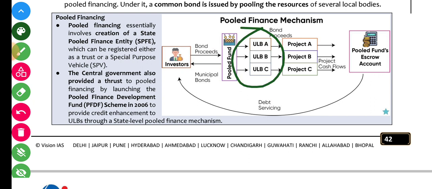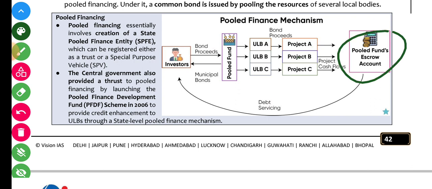Then urban local body A, urban local body B and C receive the bond proceeds for project A, project B and project C, and these projects generate cash flow to the pooled fund's escrow account. So keep this in mind, the mechanism of pooled financing.